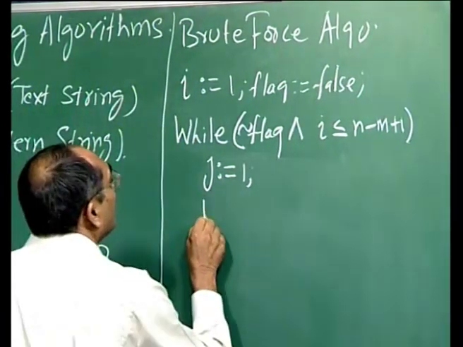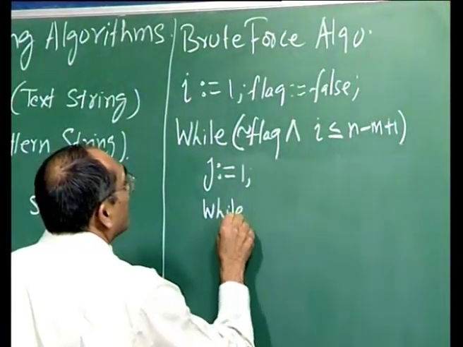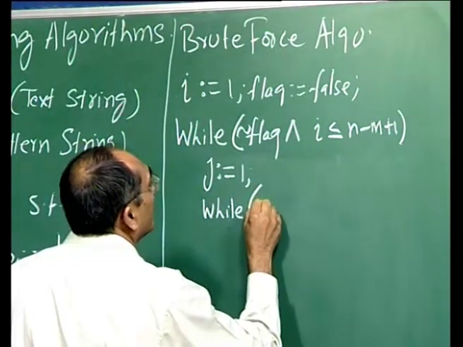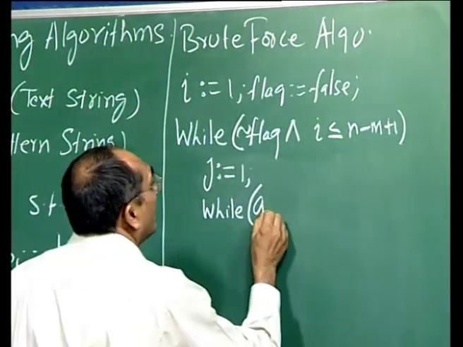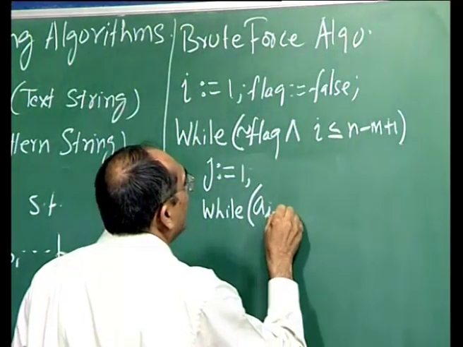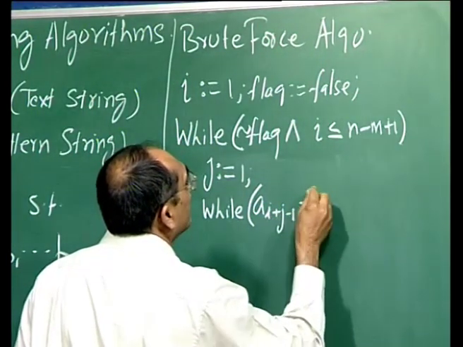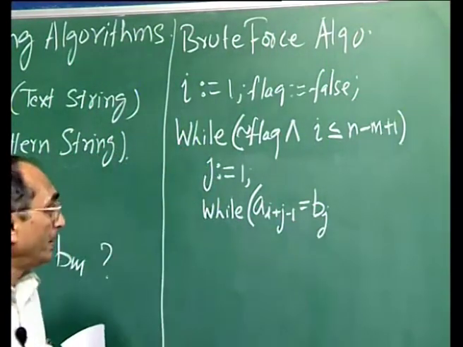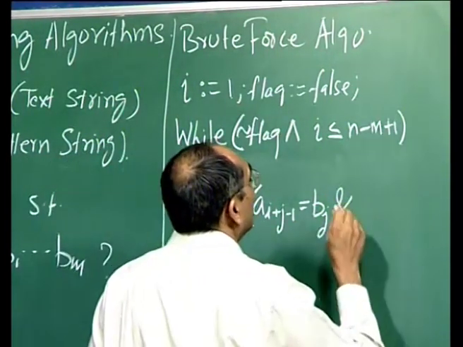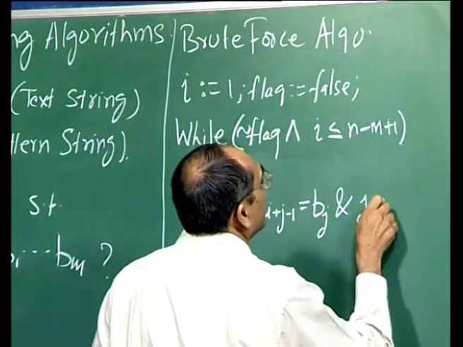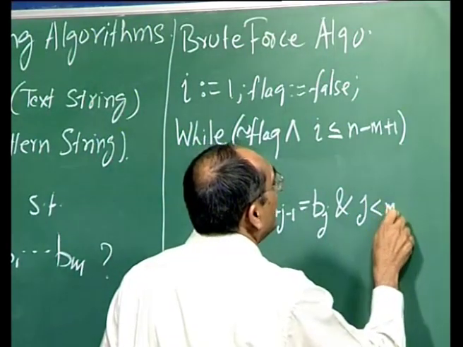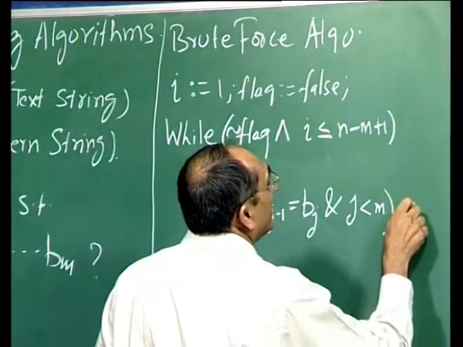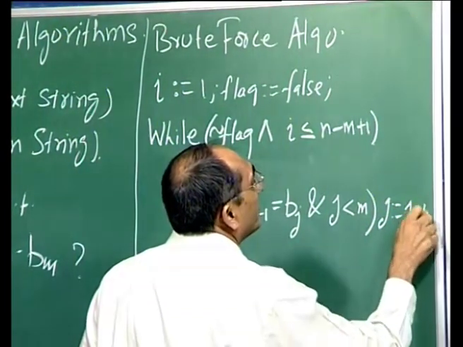So, we will say while A_{i+j-1} is B_j, and j is still not m, then we set j equal to j plus 1.